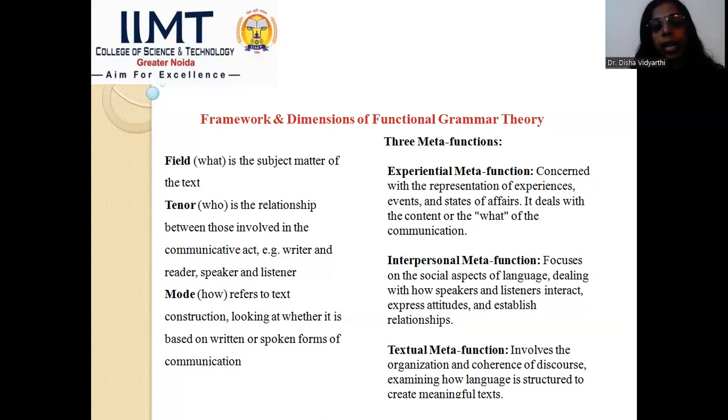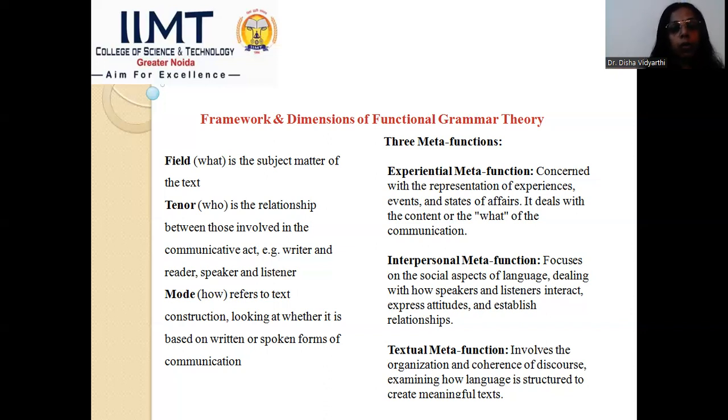Now the second one is interpersonal meta function. It focuses on the social aspects of the language, dealing with how speakers and listeners interact, express attitude and establish relationship. So establishing relationship is one of the aspects of functional grammar. Why? Because it will add the value of effective interaction and communication, which you will not be finding in traditional grammar structure.